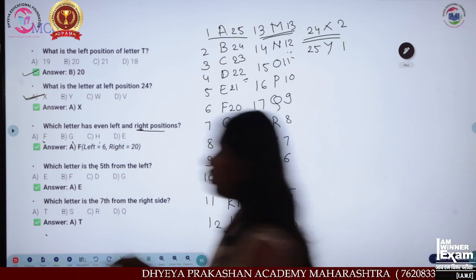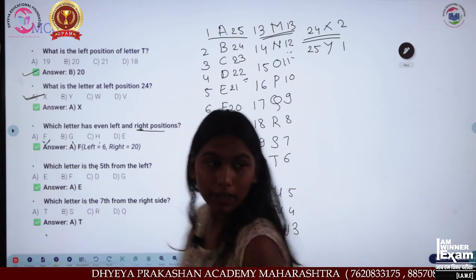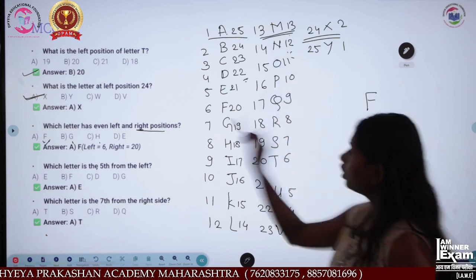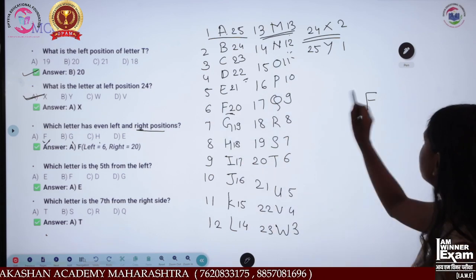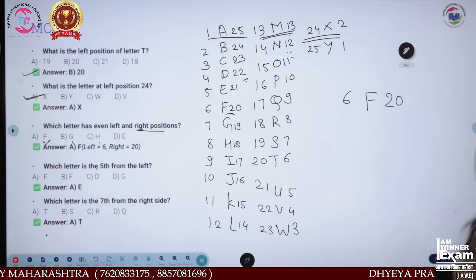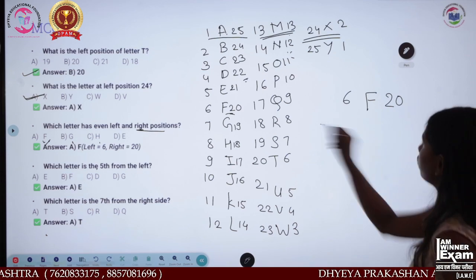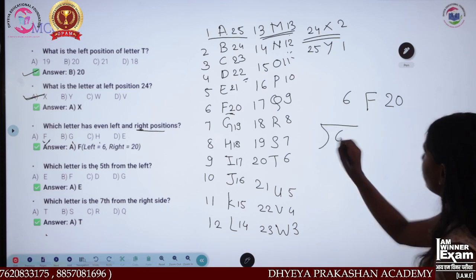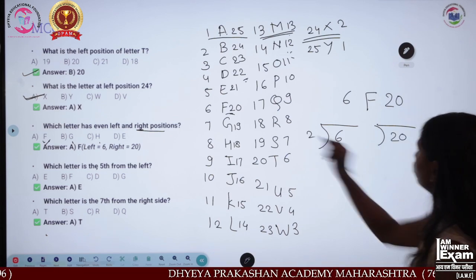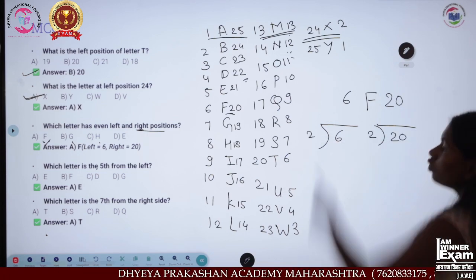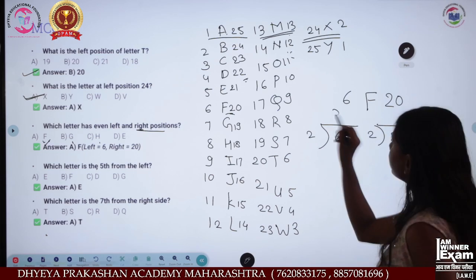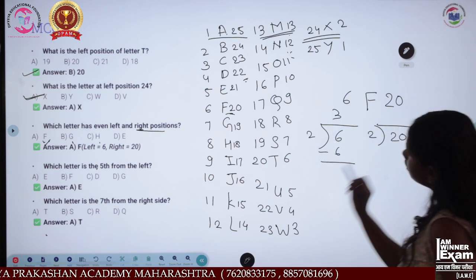What is the first option? That is F. So start with F. Now search here. Here is the F. Now F has 6 on the left and 20 on the right. Let's check if both numbers are divisible by 2 or not. 2 1s are 2, 2 2s are 4 and 2 3s are 6.